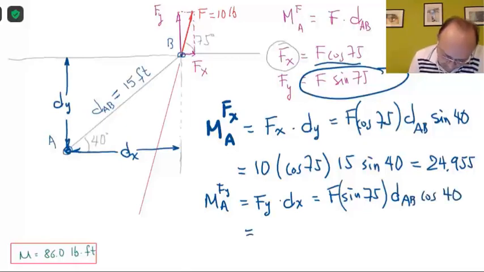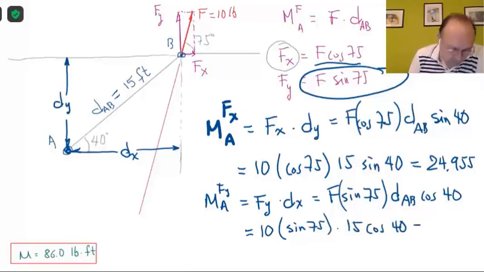So that will be 10 sine 75 times 15 cosine 40. That's going to be 10 times sine 75 times 15 times cosine 40, which is 110.99.